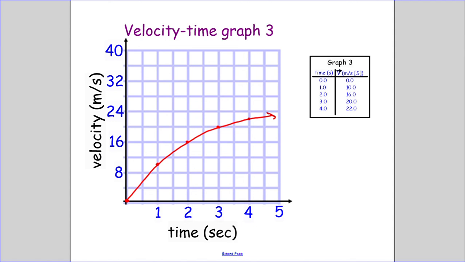So how is this graph different than the first two? Well, the first two graphs both use straight lines. Okay, so the first two, they both had straight lines. And the idea behind this, and the key term here, is that they were uniform. Whereas graph 3, this one is non-uniform.